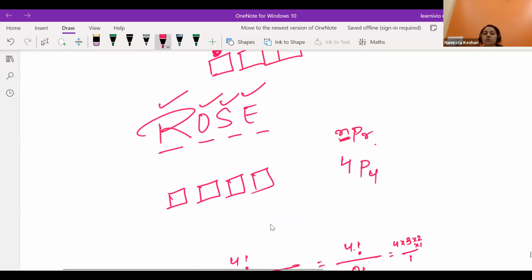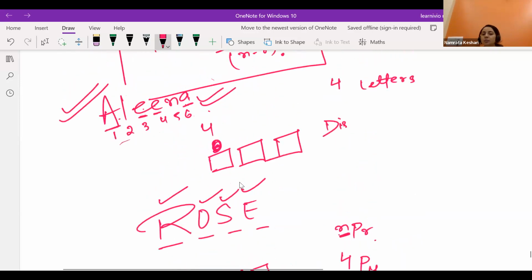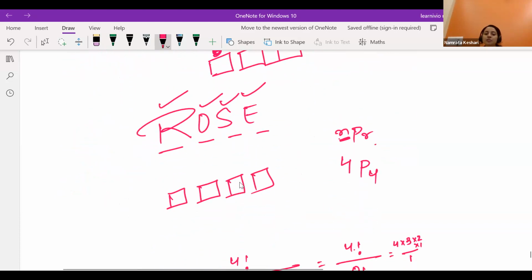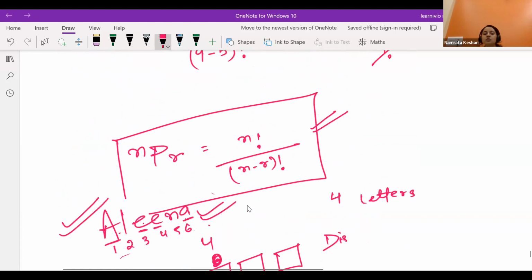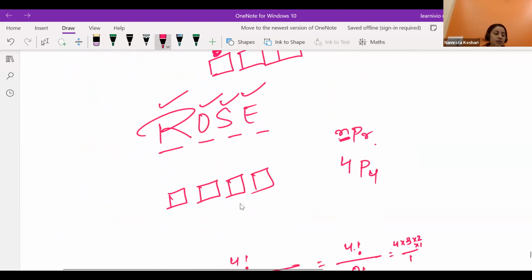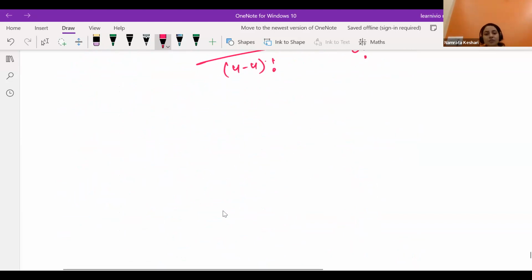So this question can be done by using the permutation concept. Total we are having 4 and we want to arrange 4 at a time. This question we have done by that method also, and we can do it by this method also. The definition for permutation, what does it say? Let me write it, and you tell me whether the definition is now making sense or not.